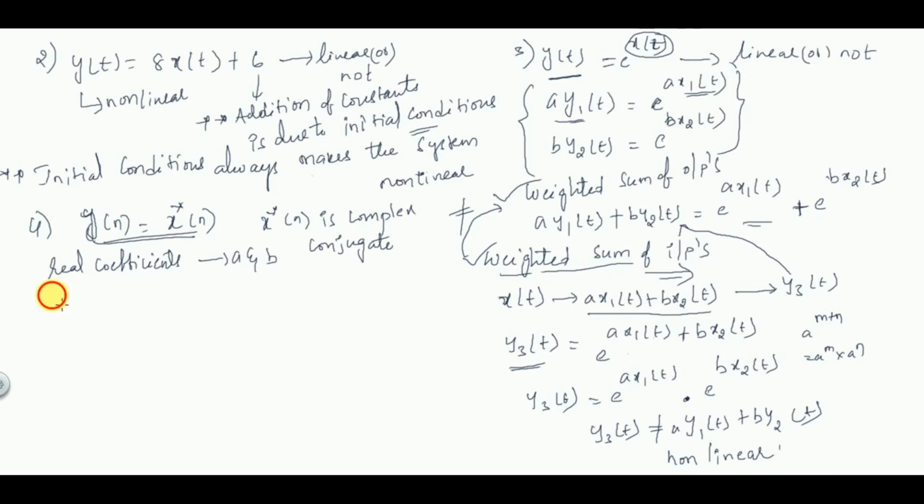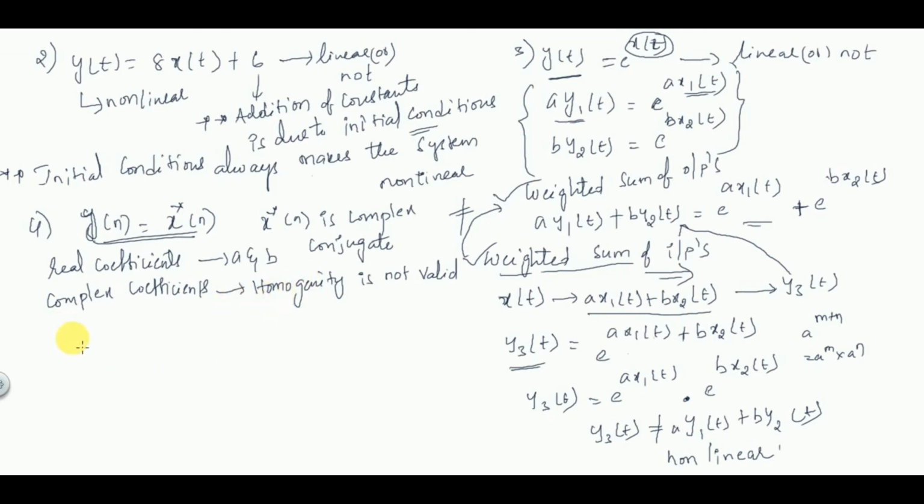But for complex coefficients, homogeneity is not valid. So even if either the principle of additivity or the principle of homogeneity is not valid, the system is not going to be linear.